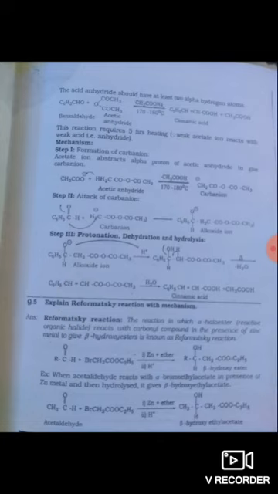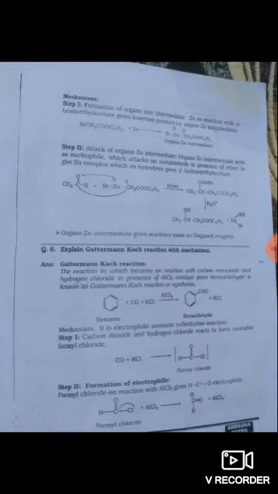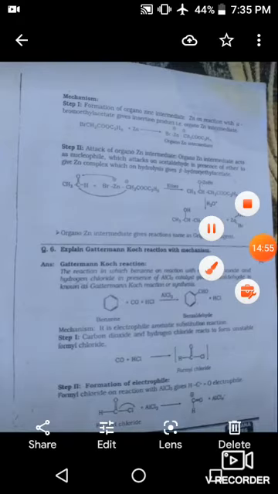An aldehyde reacts with an alpha halo ester in the presence of zinc, and second, acidic conditions, forming the beta hydroxy ester. The best example is acetaldehyde reacting with an alpha halo ester in the presence of zinc, and second, acid catalysis, forming beta hydroxy ethyl acetate. In this reaction, zinc acts as the base.